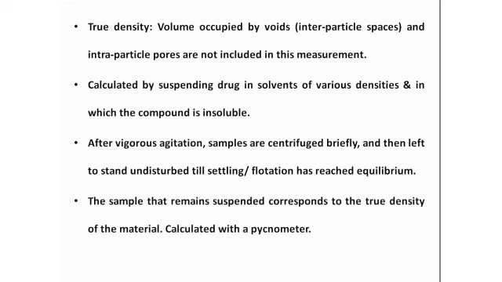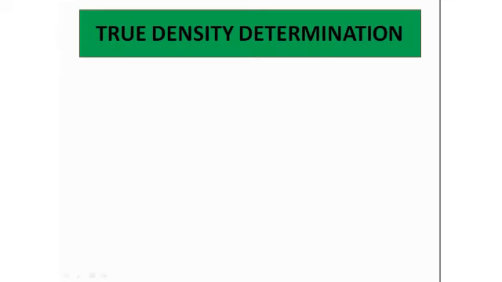The sample that remains suspended corresponds to the true density of the material, and it is generally calculated by pycnometer, right? So what is a pycnometer? You can simply say it's the specific gravity apparatus, right? That is one method we have already discussed.